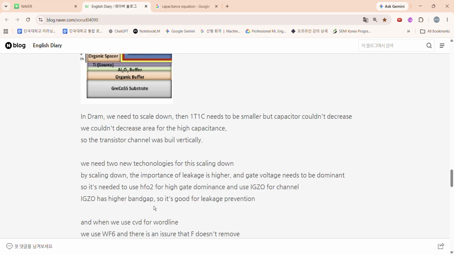Then in the process of decreasing the transistor channel, the leakage is higher, because as I said before, in the short channel effect, drain voltage can affect the channel's potential easily. So even though the gate voltage is not high, the channel is opened, so it is called leakage current.